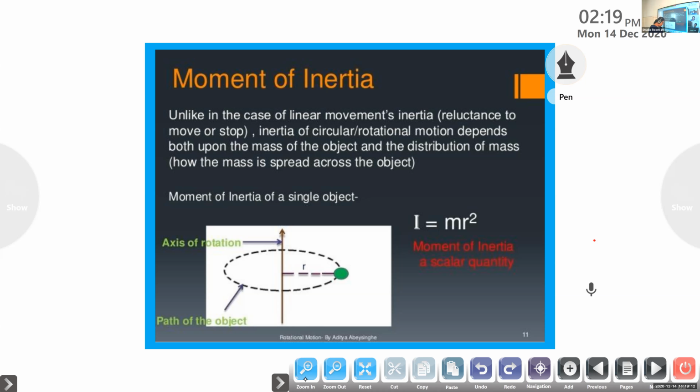So, moment of inertia means it is the property of a body. Don't write this part, I will tell you what I am saying.